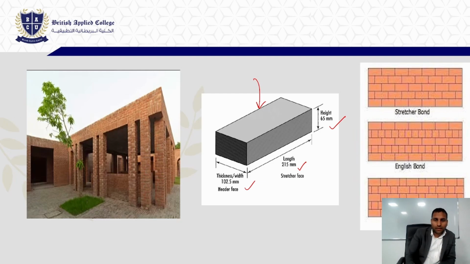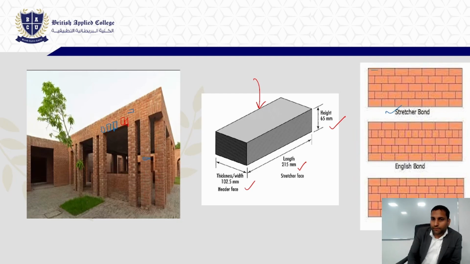Now there are different kinds of bond while placing these bricks. See, some are placed like this vertically in the wall, and some are placed horizontally. In this wall, you can see it goes horizontal, horizontal, horizontal, and in between there is a vertical. If they are placed horizontally, that is known as stretcher bond.